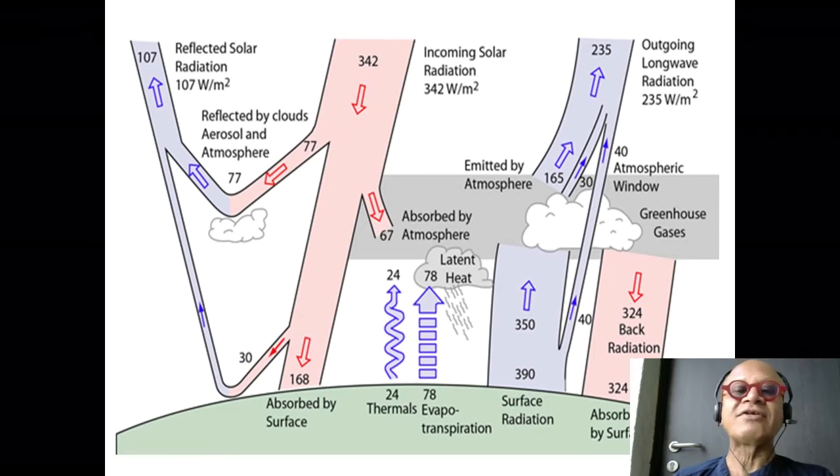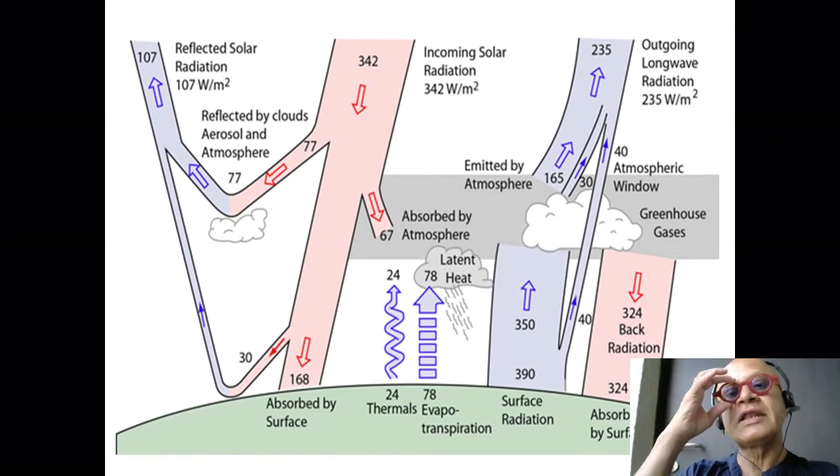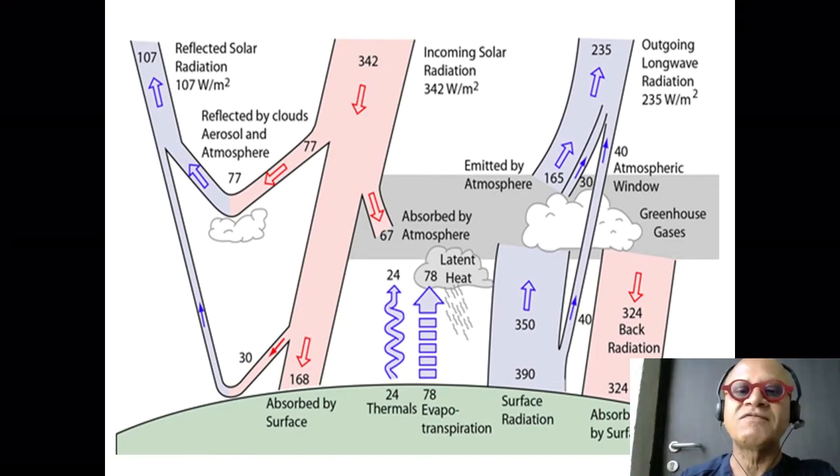There are also scattering aerosols that can scatter solar radiation and have a cooling effect and so on. And the surface is reflecting about 30 watts per meter squared, so the net albedo is about 30%. Okay, close to 0.3. That's something important to remember, that the atmosphere is not really completely transparent to shortwave radiation.